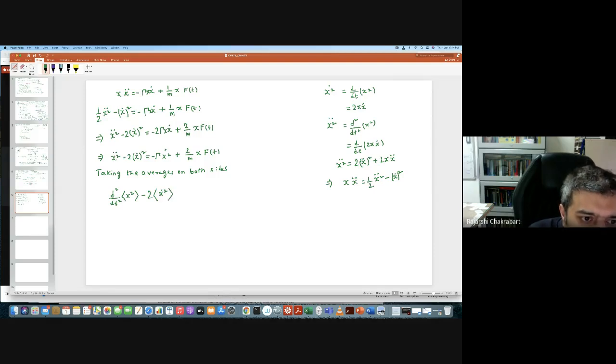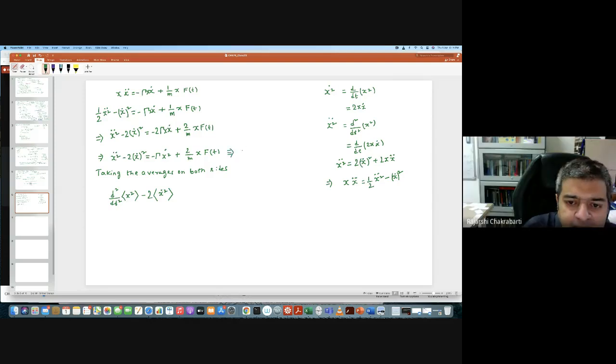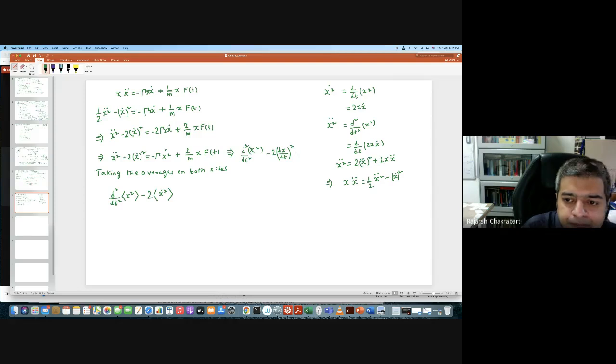Here x square double dot means the second derivative with respect to time of x square. Then I take the average, isn't it? If I write this equation again, it is like this.